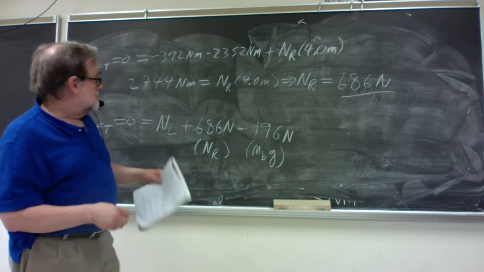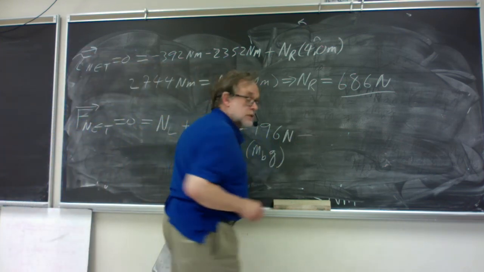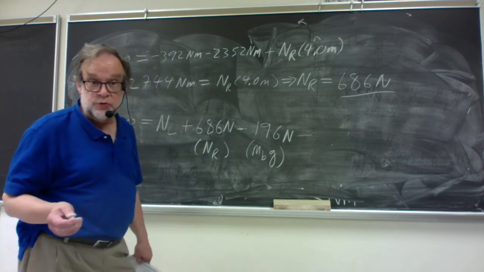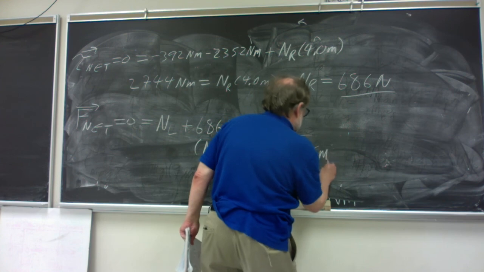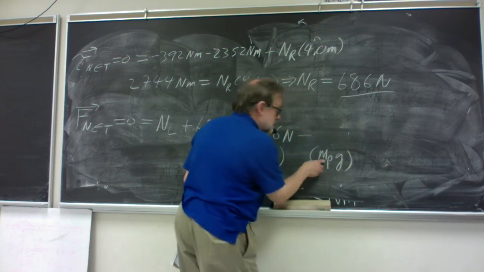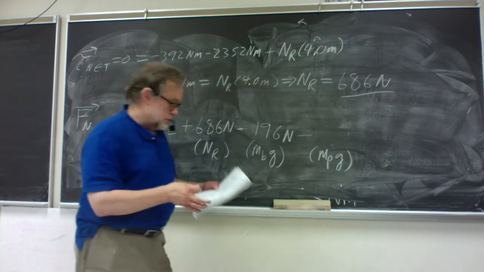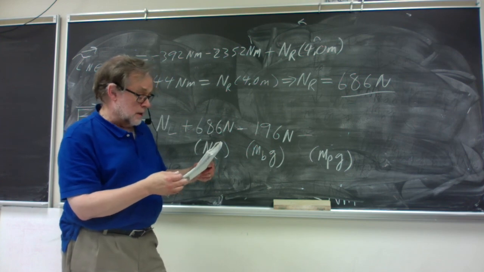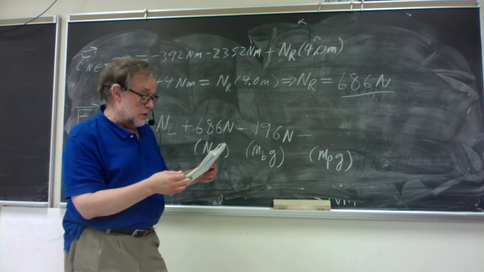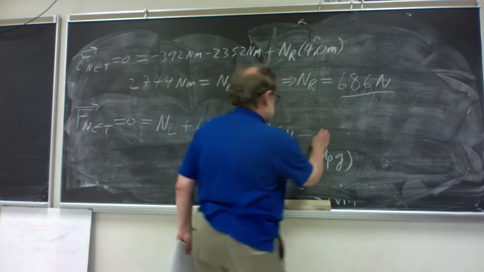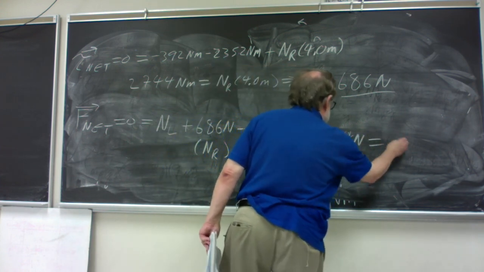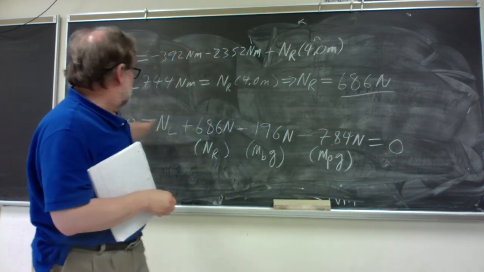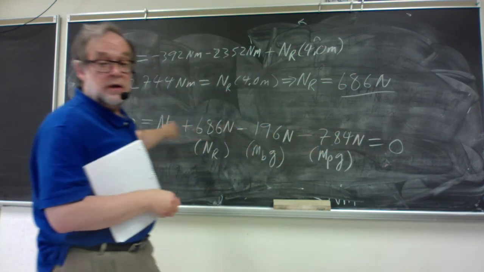And then minus the normal force from the person, which was equal to the person's weight. Mass of the person times G. This is 80 kilograms, this is 9.8. So that comes out to minus 784 newtons. And it all adds up to 0. So now you've got an equation that has only one unknown, NL.